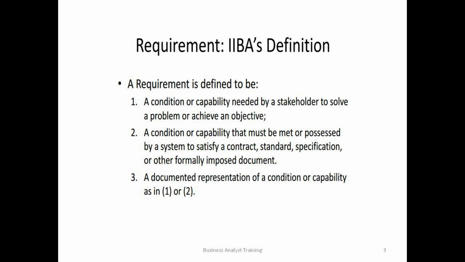So at a high level, we have three types of requirement: business requirement, user requirements, and system requirement. Business requirement, as the name suggests, is from the business perspective. What does the business need? Then you come down to user requirement, which is from the user perspective, the people who are going to use it.